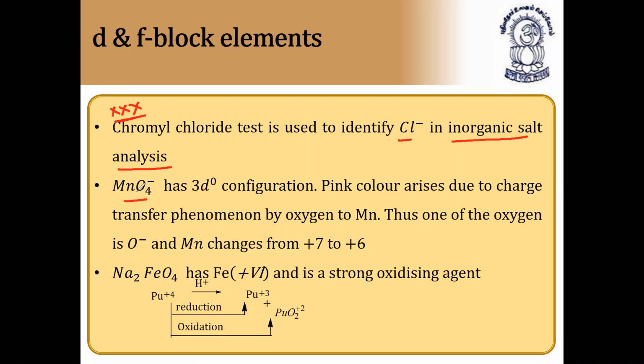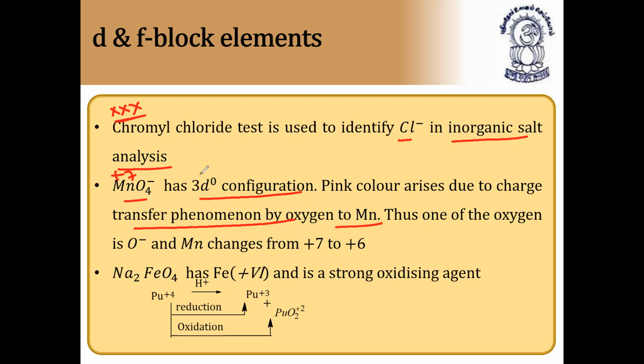Permanganate ion, that is MnO4 minus, has 3d0 configuration because all the 7 electrons in manganese are removed. As manganese is in the plus 7 state, all the 7 electrons in the manganese are removed. That's why it has 3d0 configuration. Pink color arises due to charge transfer from oxygen atom to manganese.